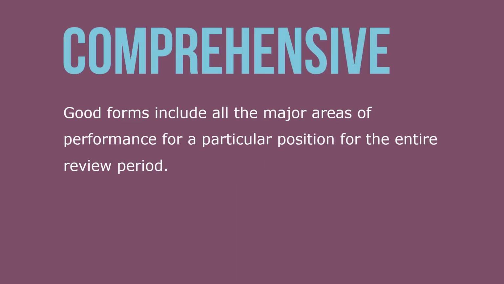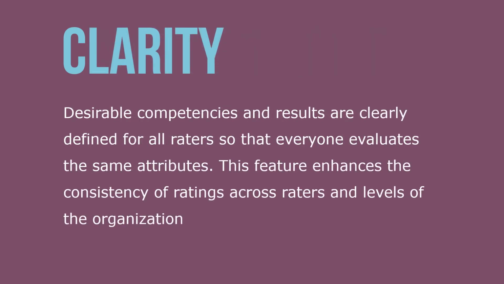Good forms also include all major areas of performance for a particular position for the entire review period. Desirable competencies and results are clearly defined for all raters so that everyone evaluates the same attributes. This feature enhances the consistency of ratings across raters and levels of the organization.